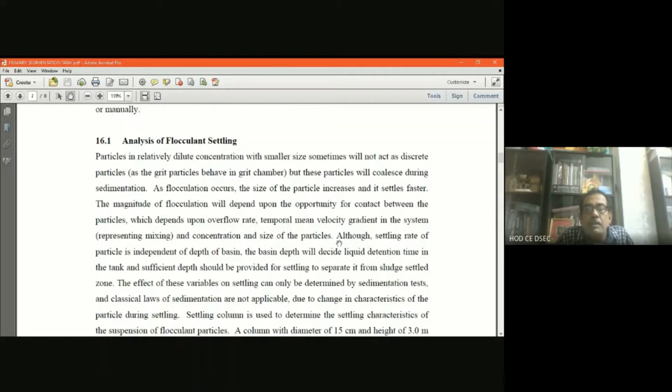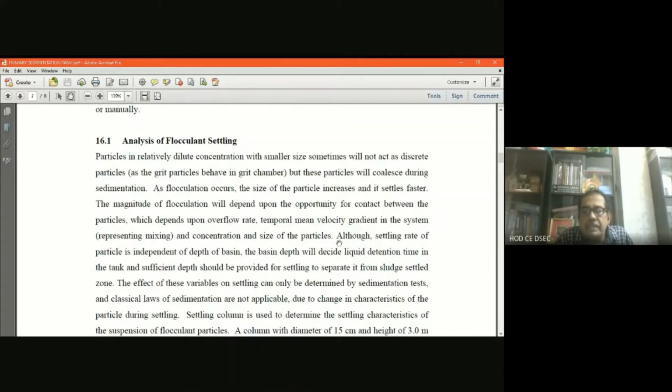Now, the settlement rate does not depend on the depth, but the depth of the tank will decide the detention time. The more the detention time, the more the settlement will occur. So the more the detention time, the more the depth, because distance equals time into velocity, as we know.